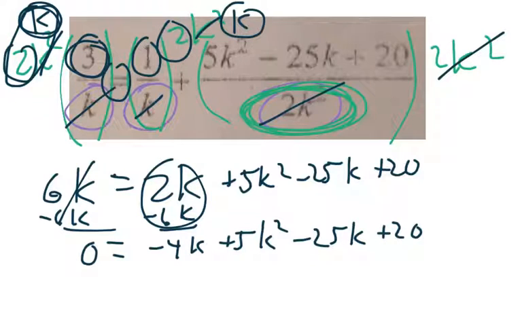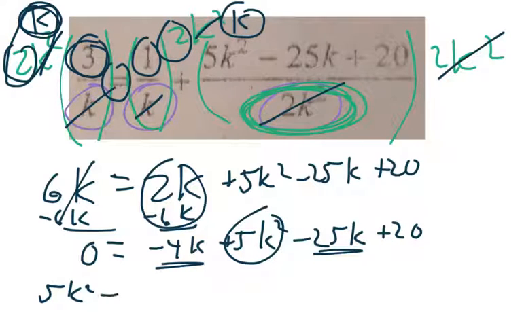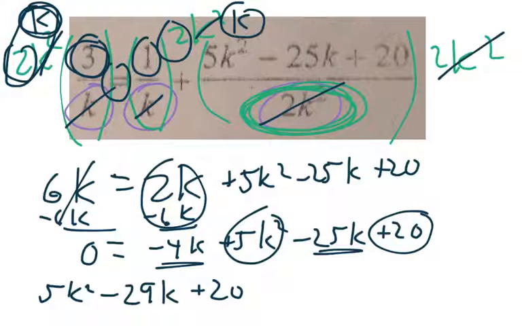Now I'm just going to flip it around, guys. Hopefully you agree I have 5k squared, the minus 4 and minus 25 is minus 29k, and of course I have a plus 20. And that's going to equal the 0 that was on the left side. I flipped it around. So pause the video, guys, and make sure you have all this information down.